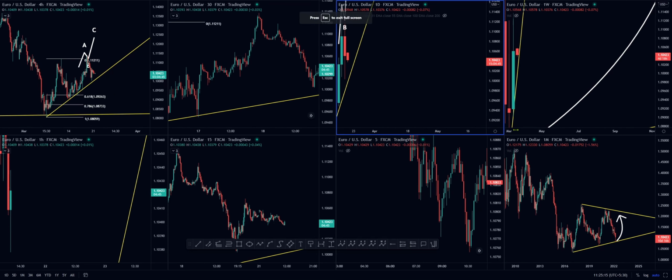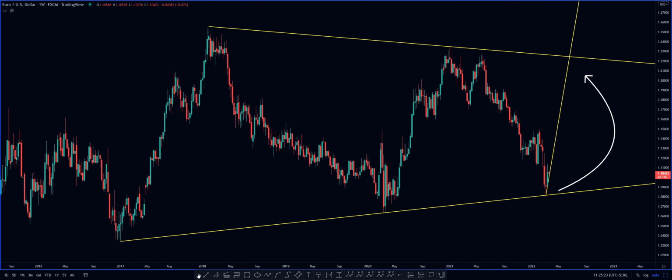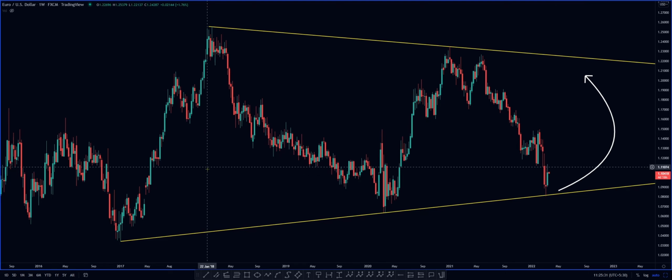If we go to the EUR USD chart, then you can say this is almost the same chart pattern. Price is testing a weekly trend line, and we clearly mentioned this chart pattern in the Telegram channel last time.